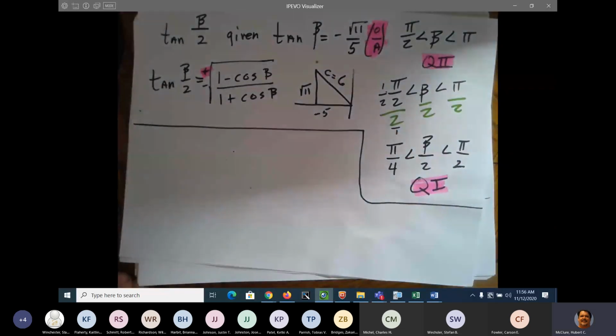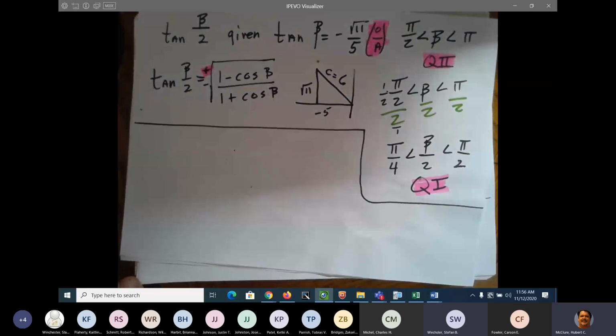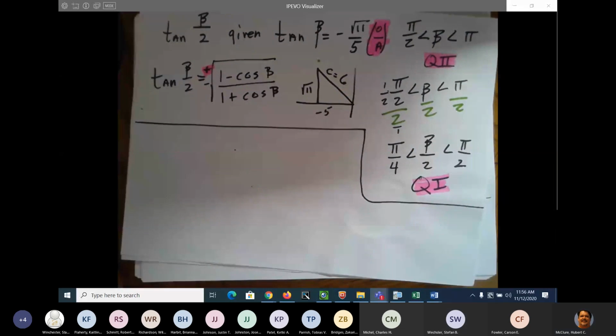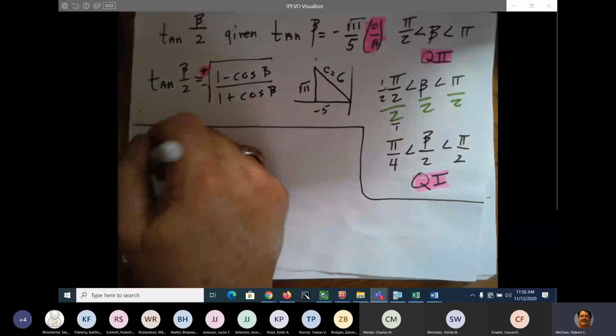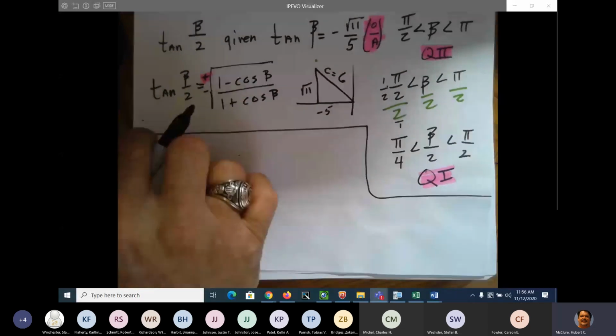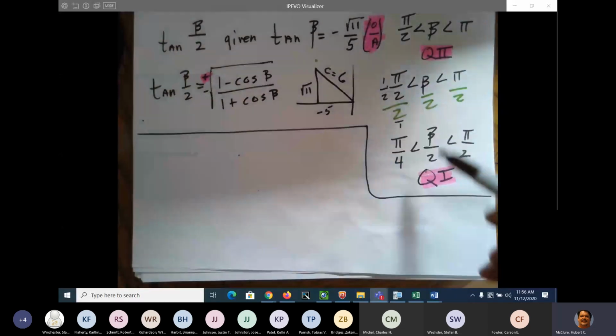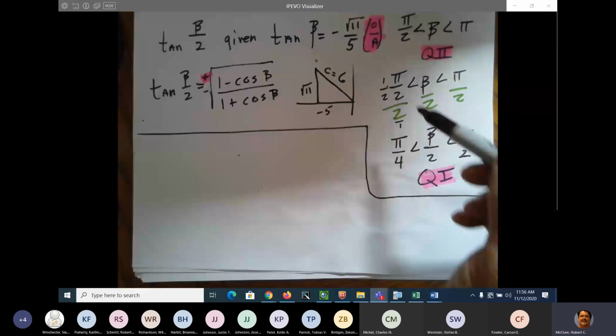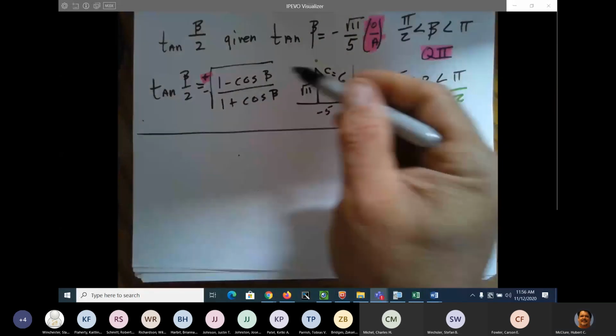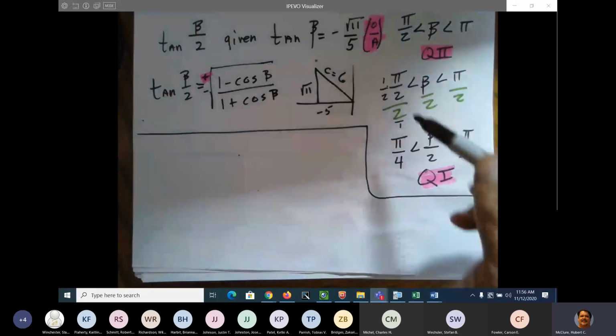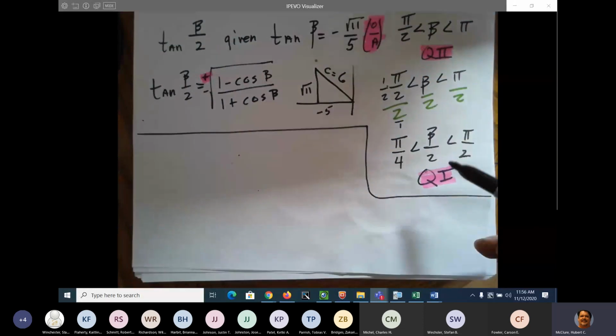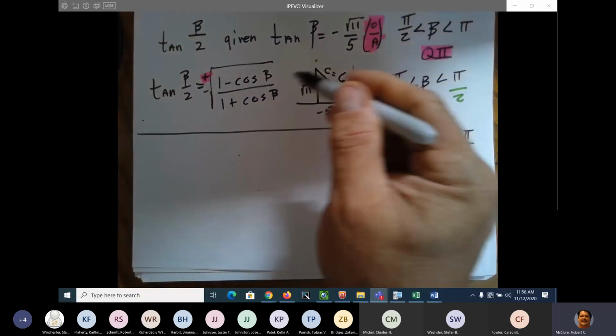Plug in, plug and chug. This is really what you need to extract, I hate to use the word extract, but you should be able to extract all this info from what you're given.